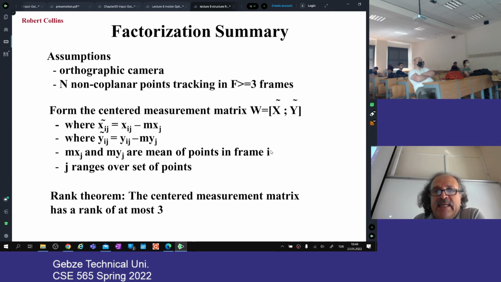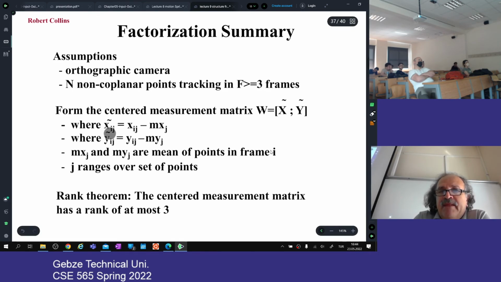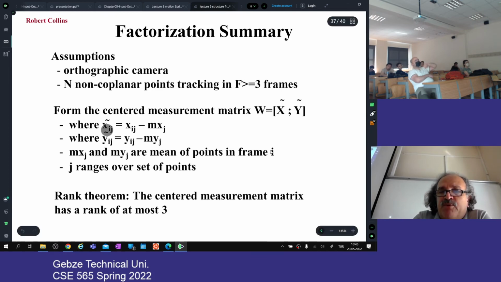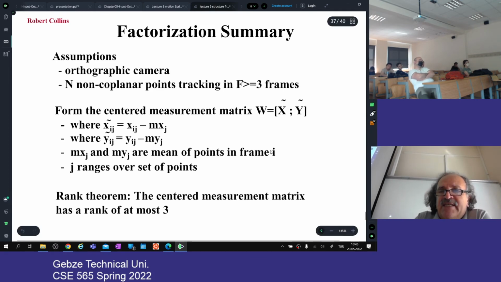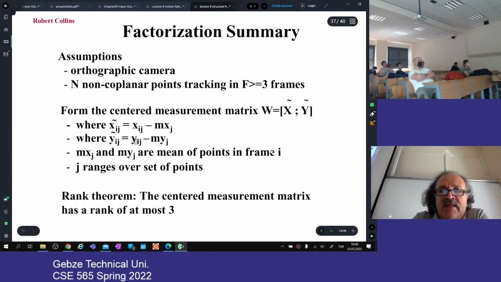Then, for each point you are going to calculate the centered measurement. For each frame, you are going to calculate the shifted points. Here mxj is the center of mass of frame i for the x and y.